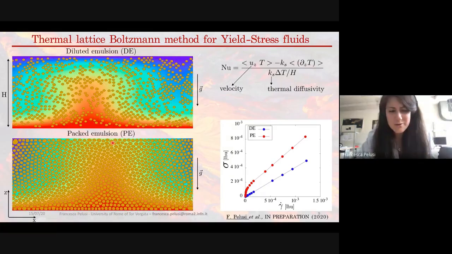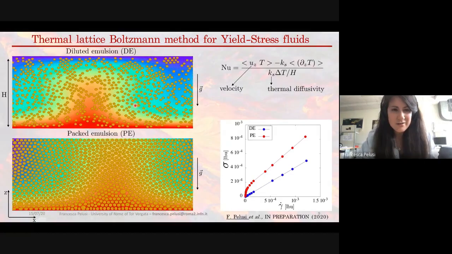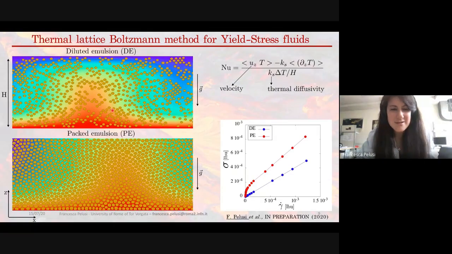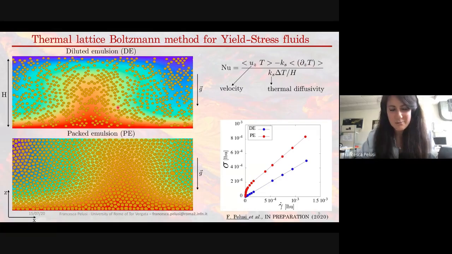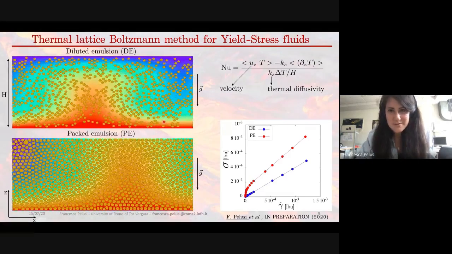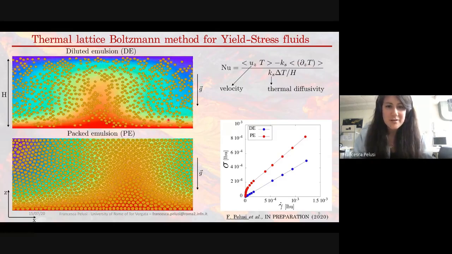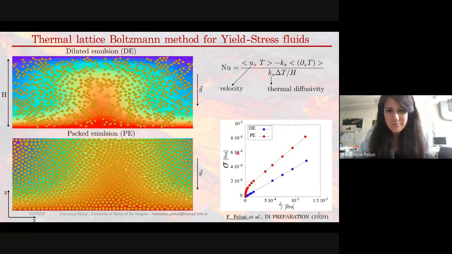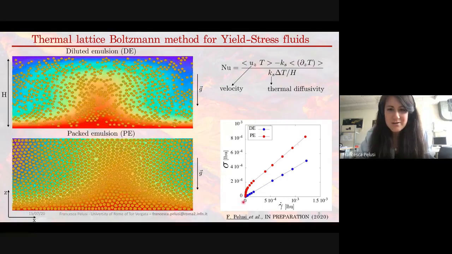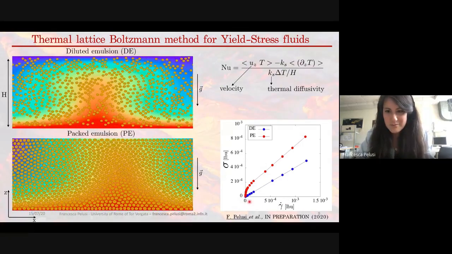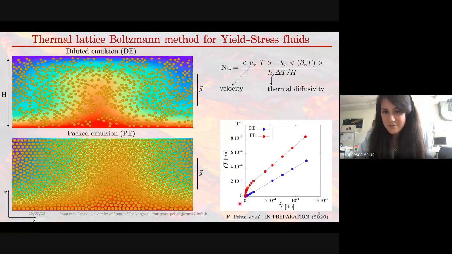So all this work is centered around a systematic comparison between these two systems, which are very different, not only from the packing fraction point of view, but also if you look at the rheology. Here is the flow curve for the dilute case and the packed case.